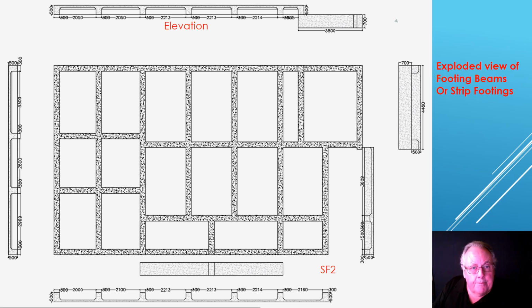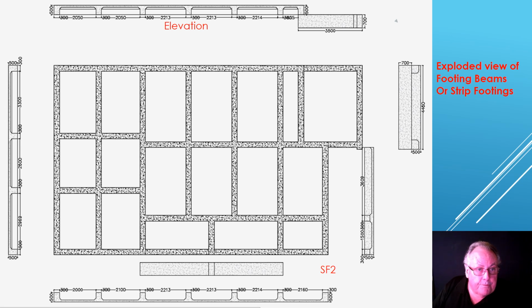The other thing I have done is made a CAD drawing, and you'll notice some really key features in regards to the distance between strip footing to strip footing here to here, 2 meters 50.